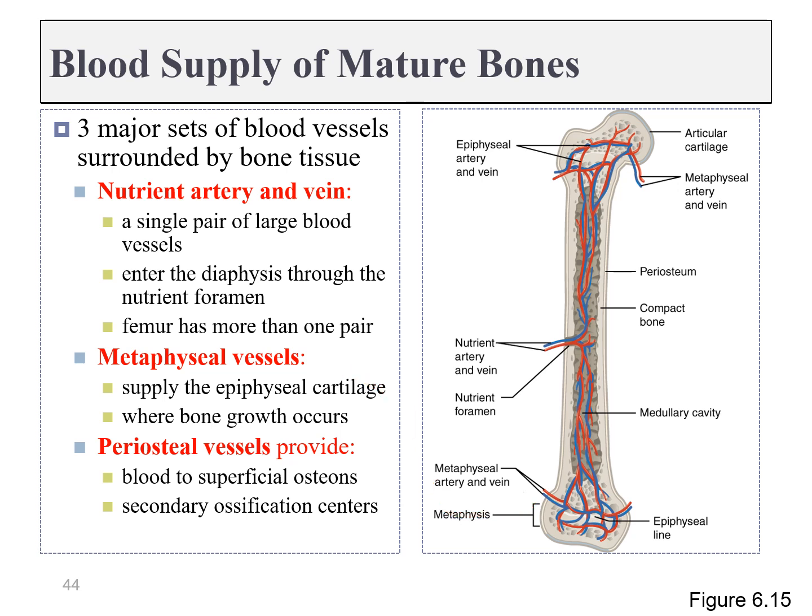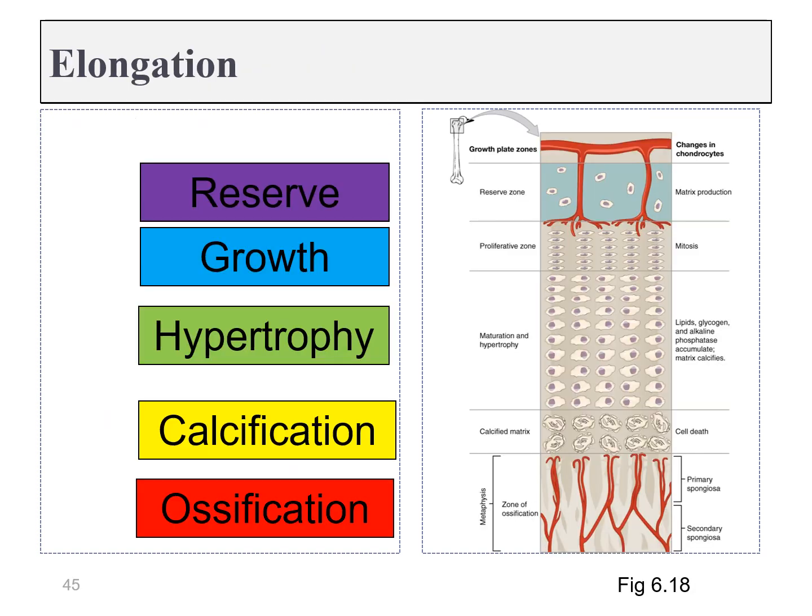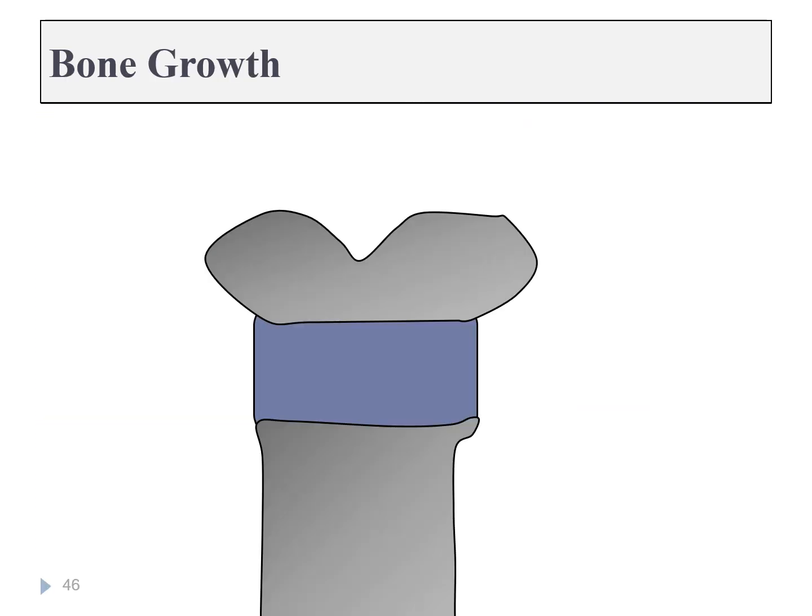There are also periosteal vessels in the periosteum that bring nutrients to the outsides of this bone. The epiphyseal plate will continue to grow throughout childhood. This cartilage will expand and be replaced by bone tissue from the more proximal end.